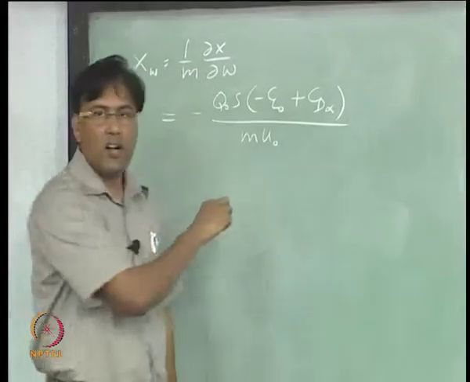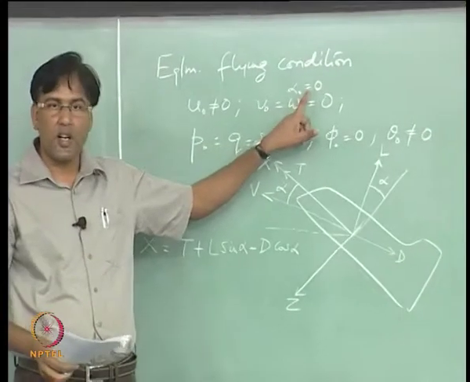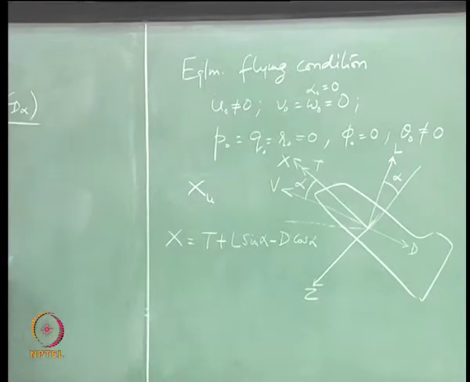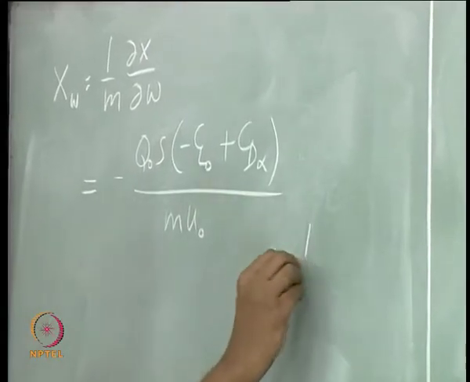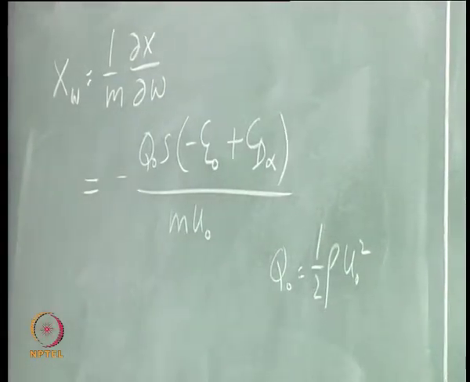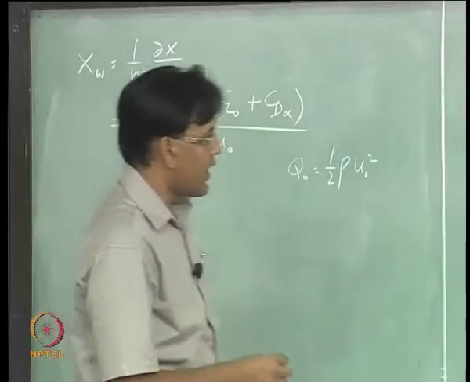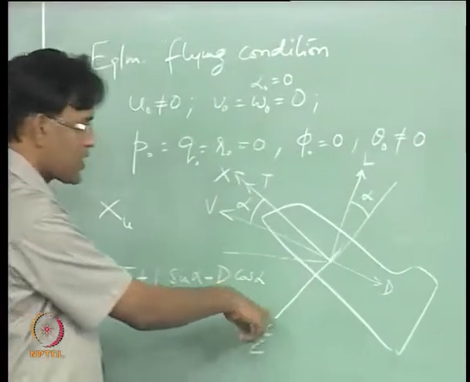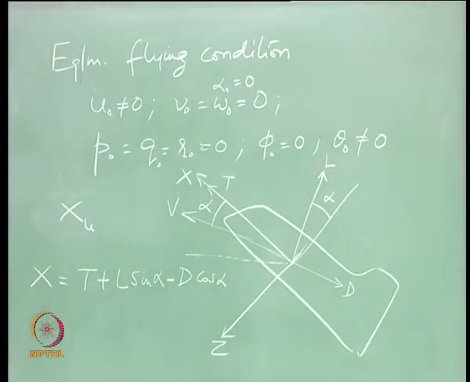So, this CL naught is corresponding to that particular equilibrium flying condition, which is also alpha naught equal to 0, and Q naught is half rho U naught squared. Okay. So, now let us try to write down the equation in the z direction, then we can find out the z derivatives.